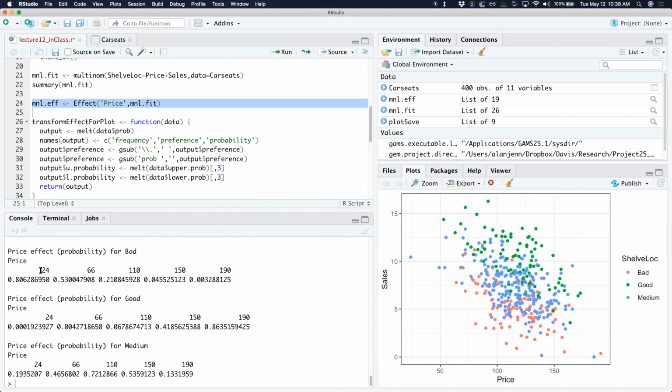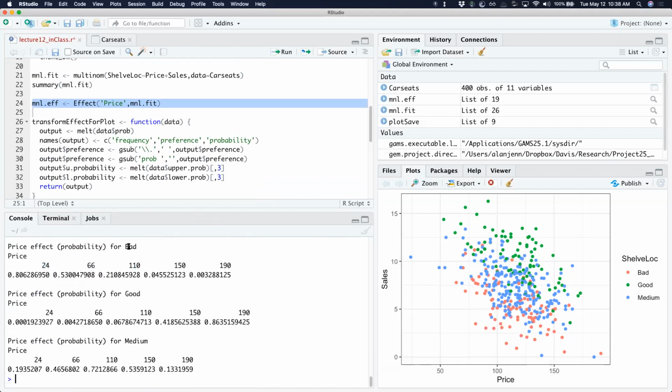But what you can see here is that it's going to look at the probability associated with a particular outcome. So at price 24, the probability that the outcome is that you're at a bad shelf location is, you know, 80%. At $66, it's 53%.